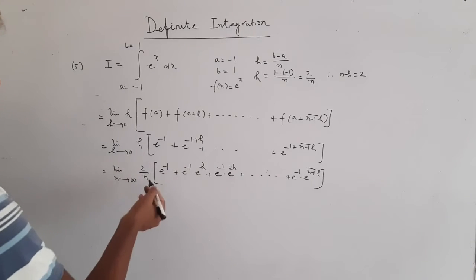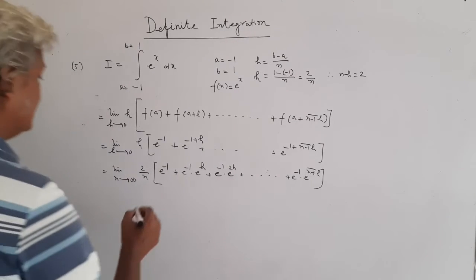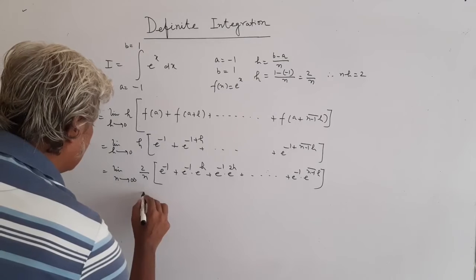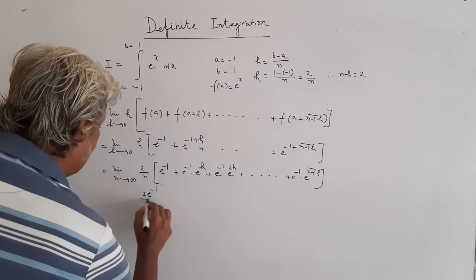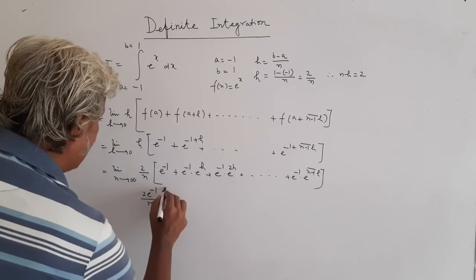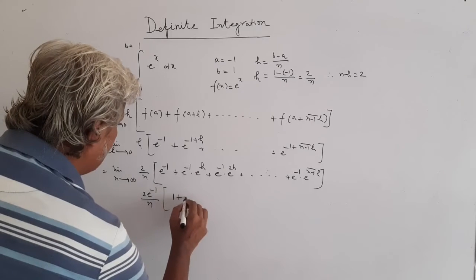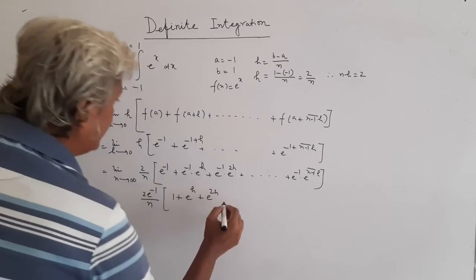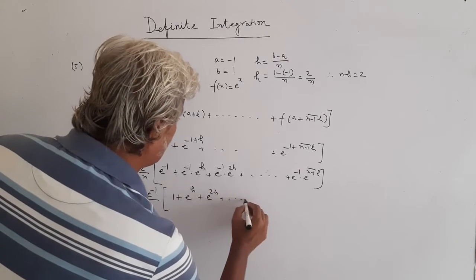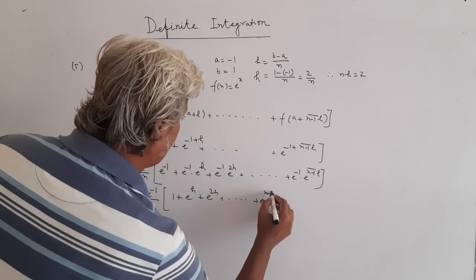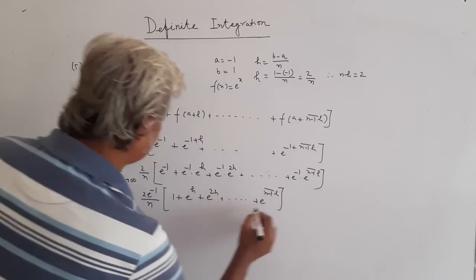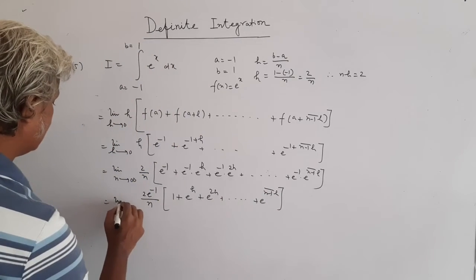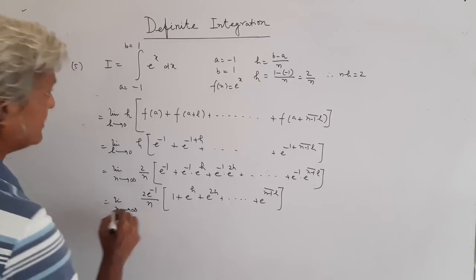So I take e to the power -1 common, then this becomes 2 e to the power -1 over n, and what I get? 1 plus e to the power h plus e to the power 2h plus dot dot dot plus e to the power (n minus 1)h, and this is limit n tends to infinity.